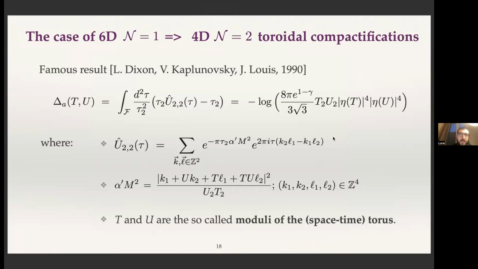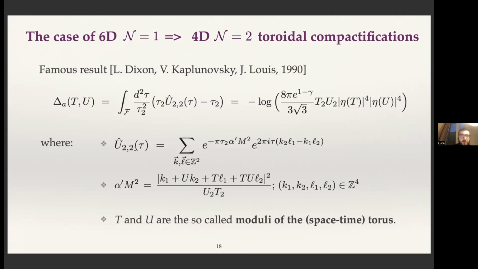So the threshold correction they computed is the following. The main ingredient of this integral is this U22, and we see that the whole integral is beautifully computed by them. It will give a log of some theta and eta functions.